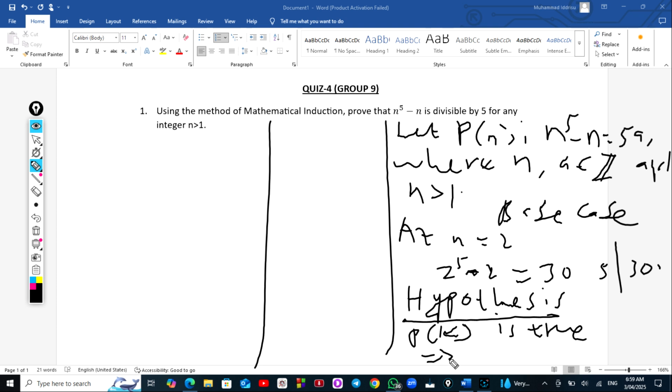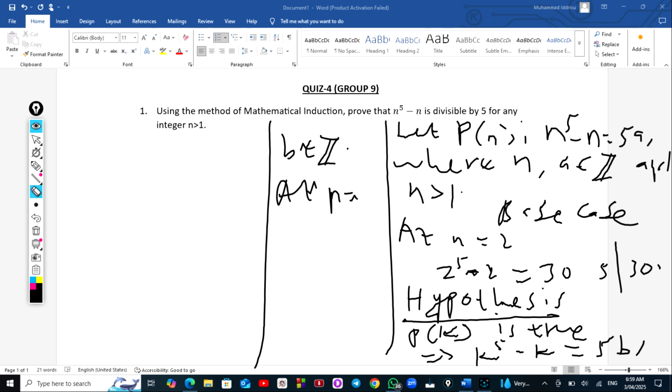So that implies k to the power 5 minus k gives us 5 times b, so 5b, where b is in the set of integers, something like that. So at n is equal to k plus 1.